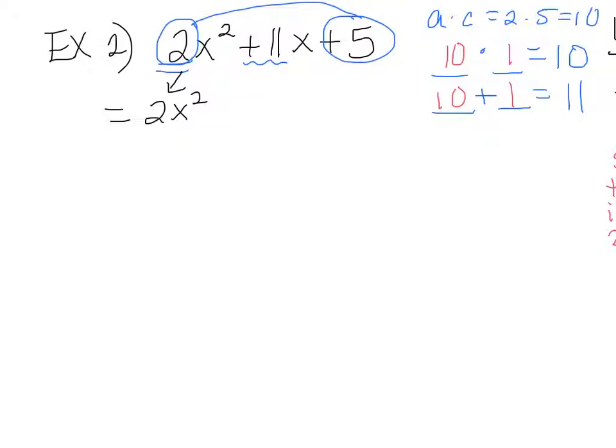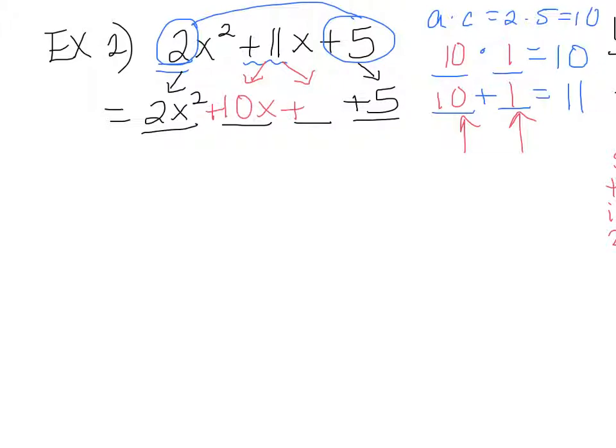The last term is just the plus 5. So notice those are not changing. What does change is the middle term, where we split the middle x term into 2 x terms. One uses this 10 and one uses this 1. So we have a positive 10x and a positive 1x, or you could just put plus x.